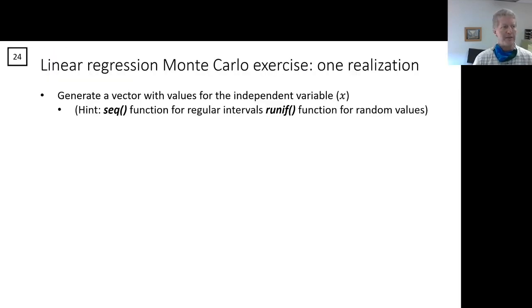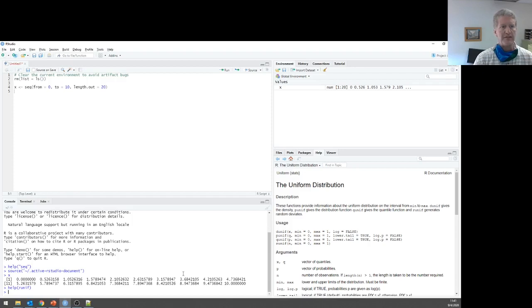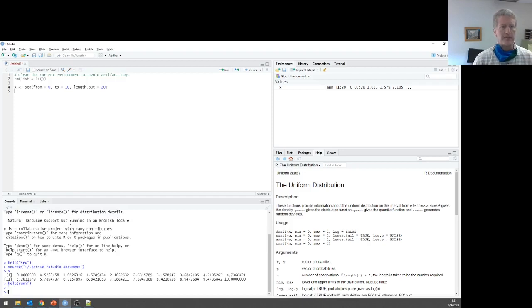Okay, we have our independent variable in a vector that we've called x. The next step is to generate some sort of idealized prediction based on our model with known parameters for the slope and the intercept. And we can just use vector math for that in R. I'm going to call what comes back from my model f(x), since that's what I've been using in the slides.